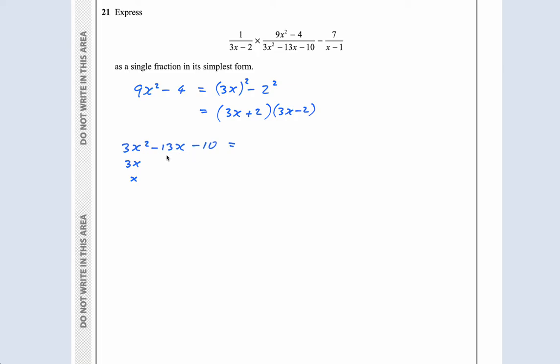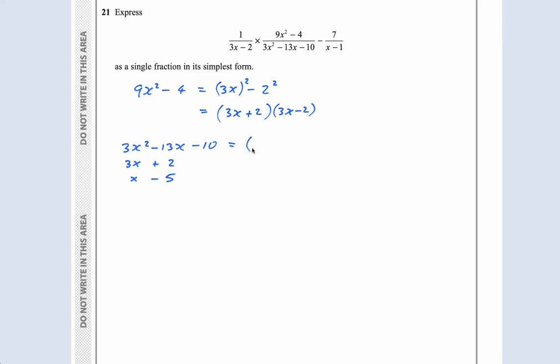I'm going to go with 5 and 2, because 3x times negative 5 gives me minus 15, and plus 2 gives me minus 13.